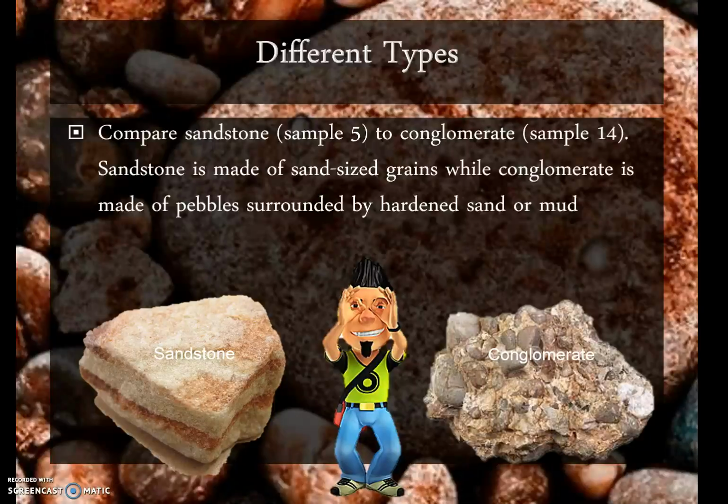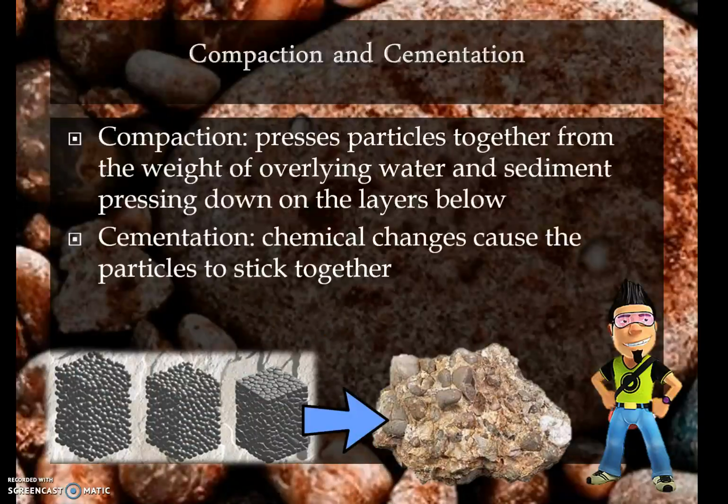So you can see that both of these originated from different types of sediment. A little more detail about compaction and cementation. Compaction is where those particles are pressed together, either into that piece of sandstone or that piece of conglomerate. Cementation is when the particles, usually through a chemical change, stick together.